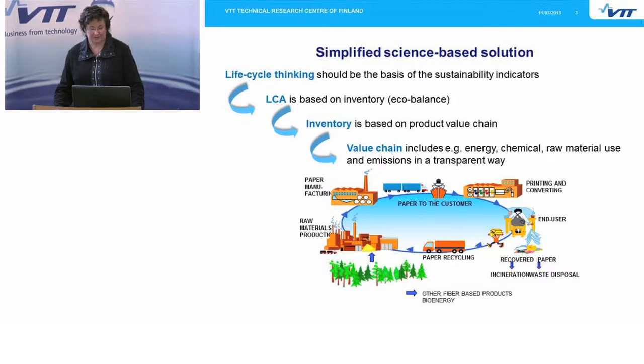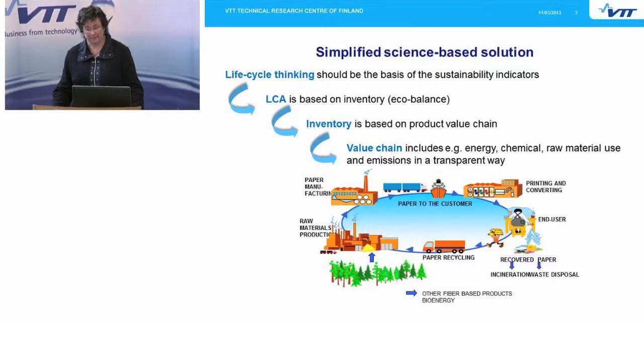And here below is a very limited picture of a fiber product's value chain, beginning below from the forest. Then the fiber goes to the pulp mill and then to the paper mill. It goes to a customer, which is probably a converting plant, situated in another country. You need some transport.